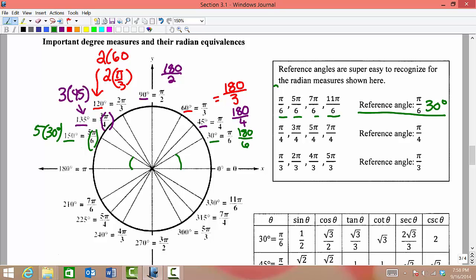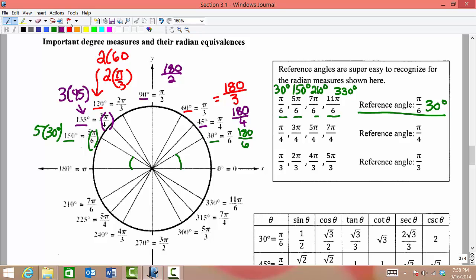So pi over 6 we said was 30 degrees. This would be 150 degrees. That would be 7 times 30, so that would be 210 degrees, and then 11 times 30 degrees would be 330 degrees. So we're still working with that 30-degree reference angle family, but when we talk about radians, it's now called the pi over 6 reference angle family.